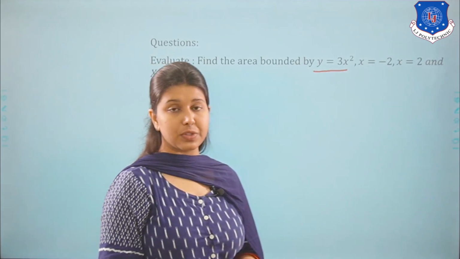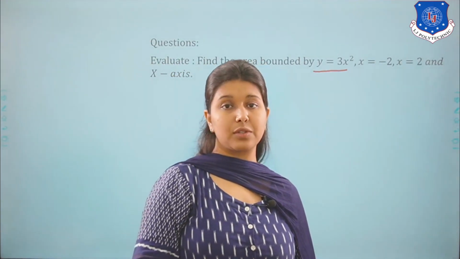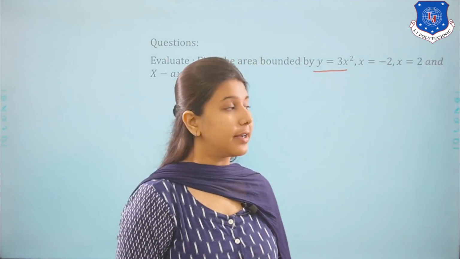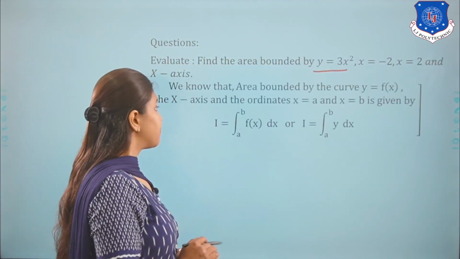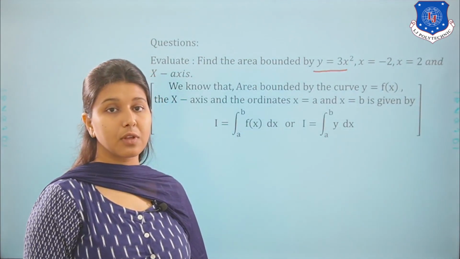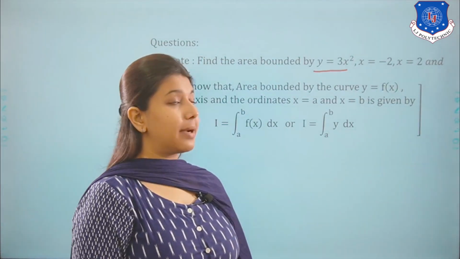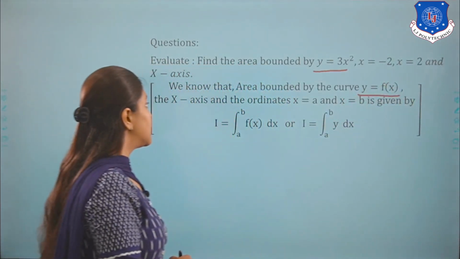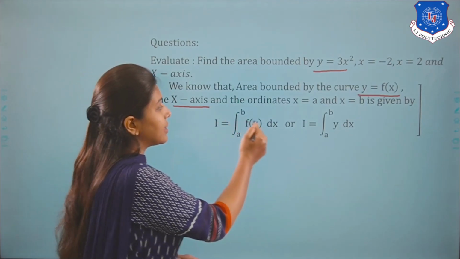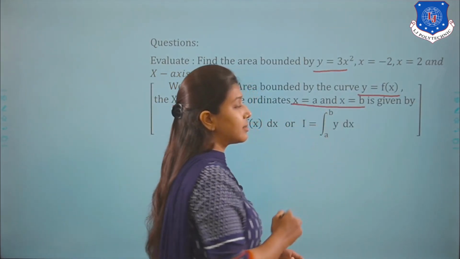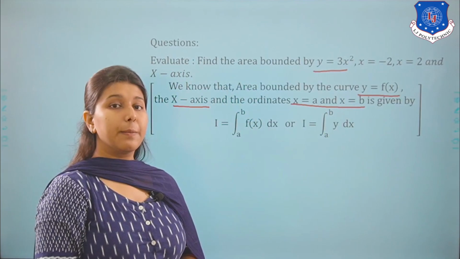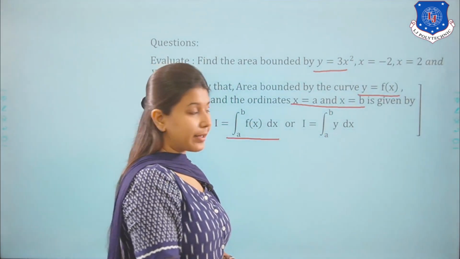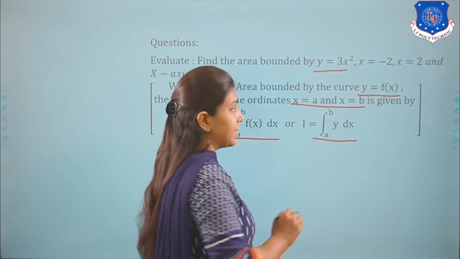To solve this question, first we need to know about the concept of area bounded by the curve. For that, we have a definition: area bounded by the curve y is equals to f of x, the x-axis and the ordinates x is equals to a and x is equals to b is given by integration a to b f of x dx or integration a to b y dx.